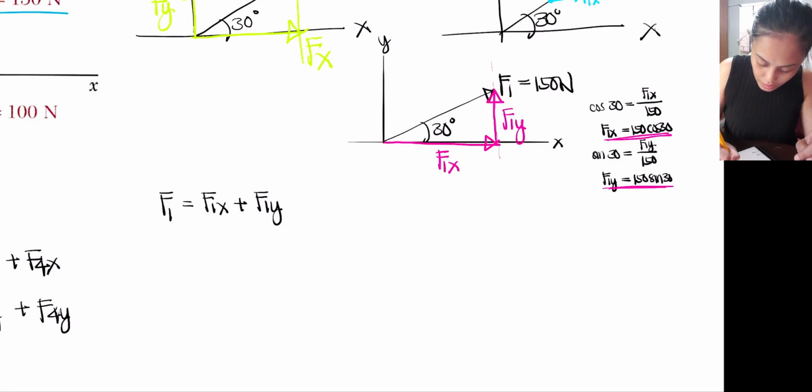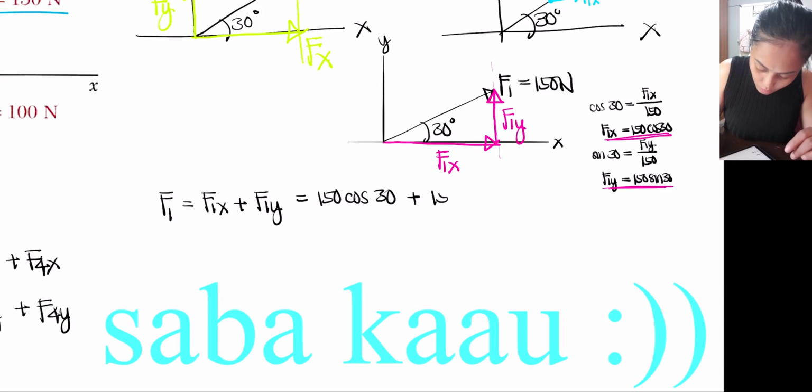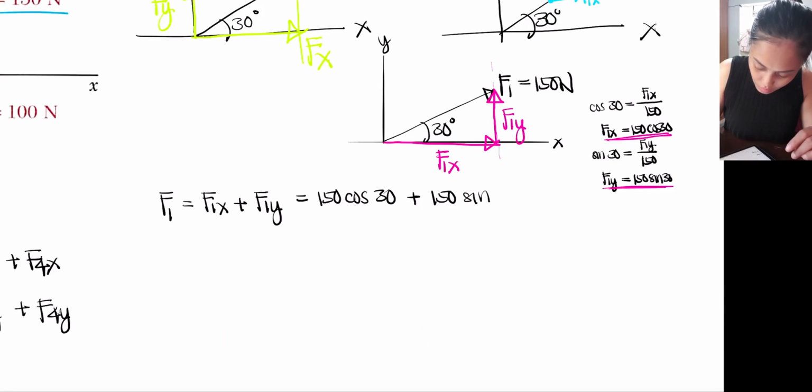So, the value is equal to 150 cosine of 30 plus 150 sine of 30.